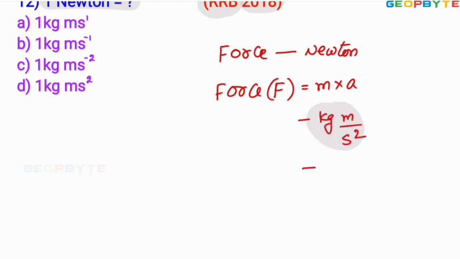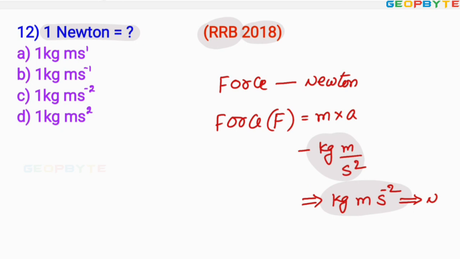It can also be written as kg meter second power minus 2. Look at option C. 1 Newton is ideally equal to 1 kg meter second power minus 2. Therefore, option C is absolutely correct. Let's go for the next problem.